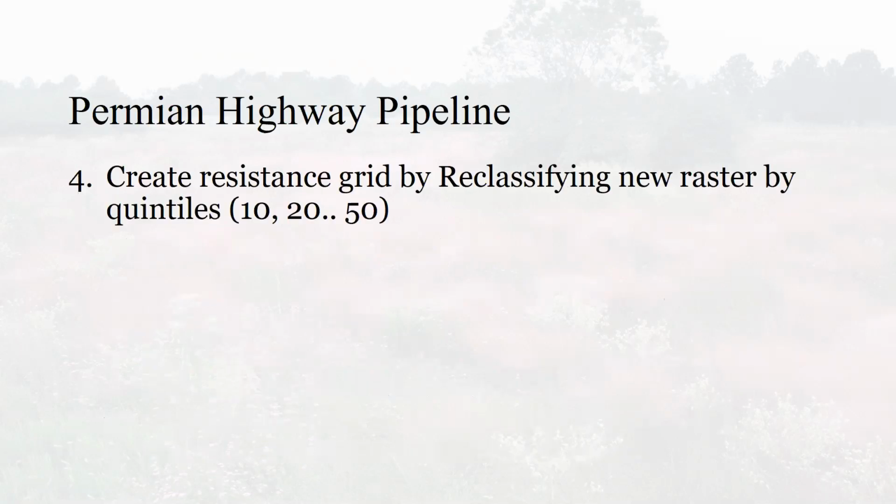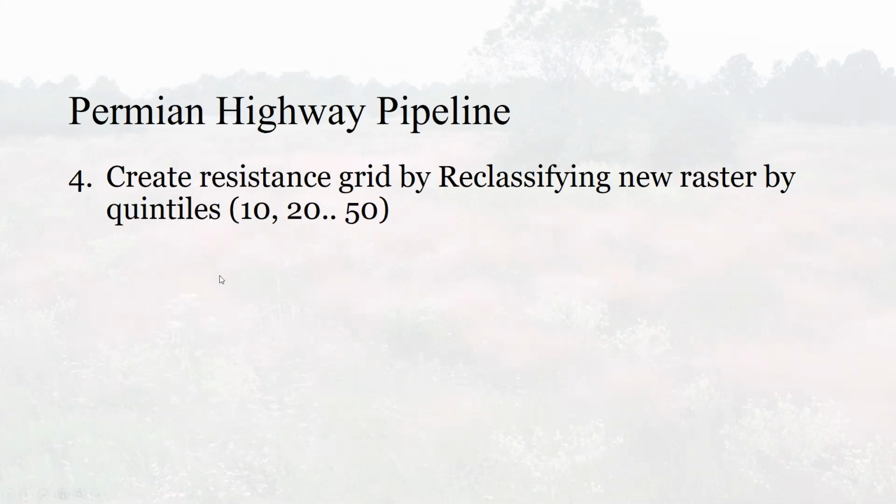Anyway, after that, you take that new raster, and the idea is to create a resistance grid that can be input into linkage mapper. So this resistance grid we create by reclassifying that new raster, and we reclassified it by quintiles to a range of 10 to 50, and those are the resistance values.